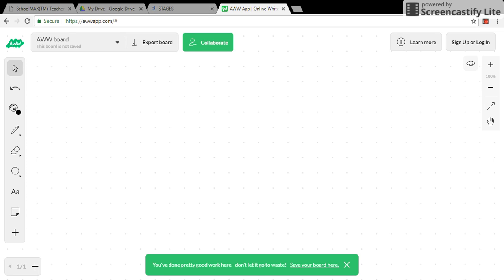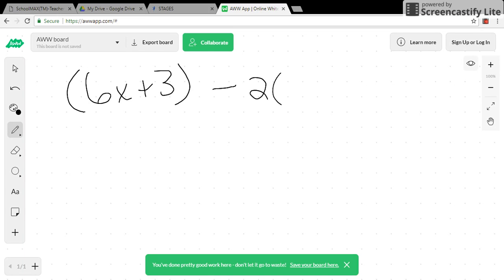We are going to go through today distributing with the negative sign into linear expressions. So, for example, one type of problem we have been working with is the kind where you have an expression inside parentheses and you are taking away another expression.